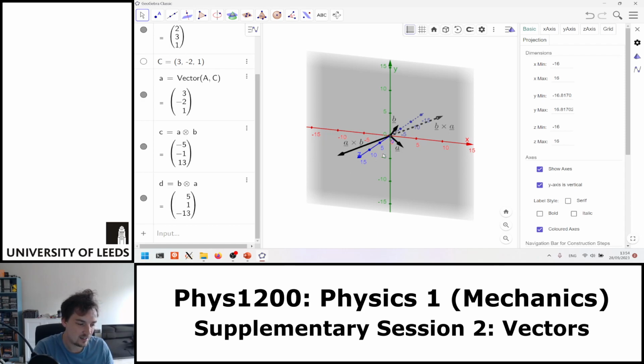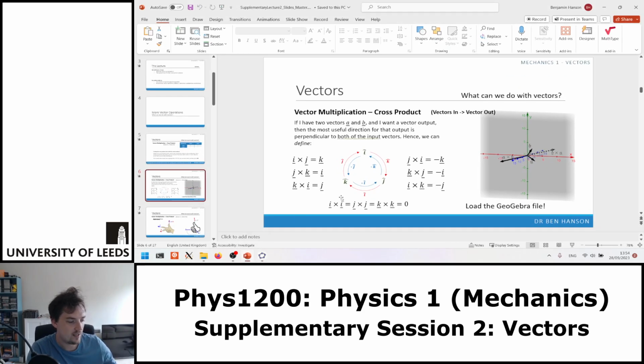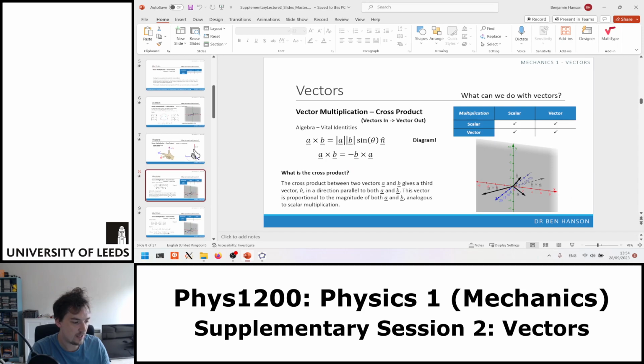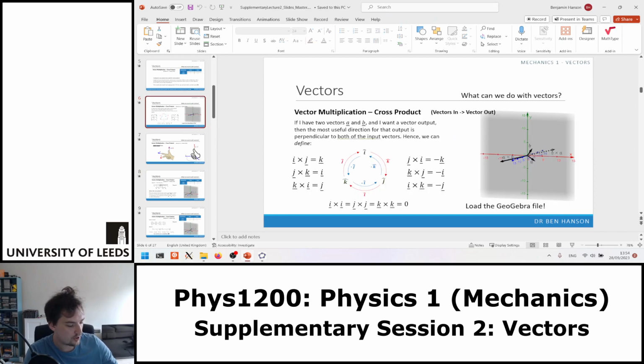Its length is the modulus of A, the modulus of B, sine theta now. So A cross B is modulus of A, modulus of B, sine theta. So we're going to look at what that means in a little while. There it is. A cross B is mod A, mod B, sine theta, and then there's a bit of vector there. So what I just want us to do now is get a bit more of an intuitive understanding of it before we take it forwards.